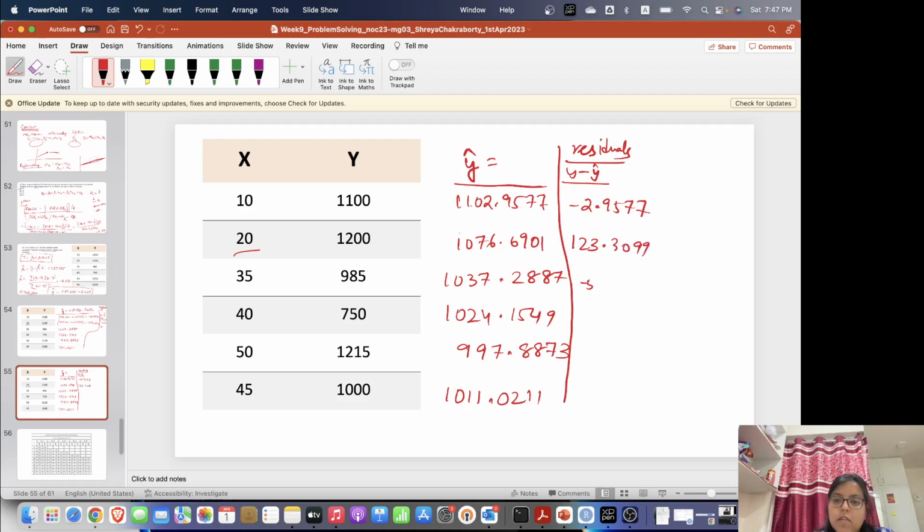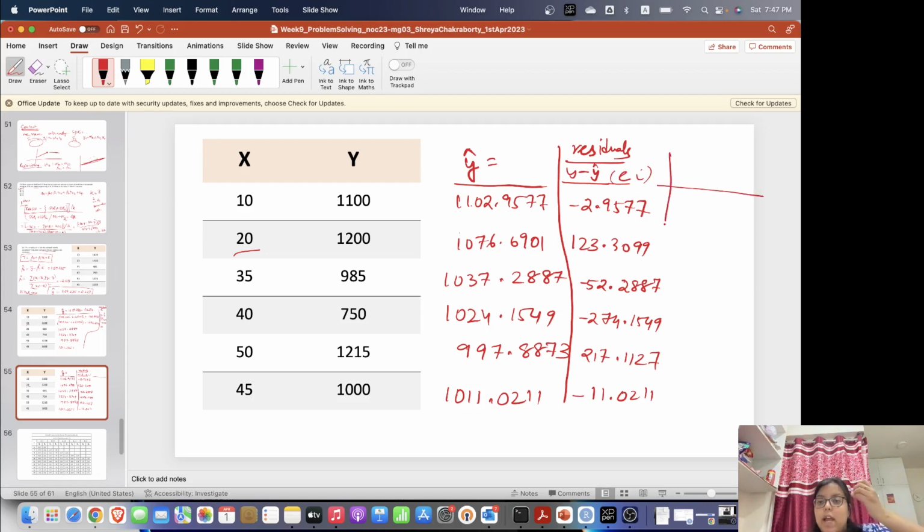This will be minus 52.2887. This would be minus 274.1549. This will be 217.1127 and this will be minus 11.0211. Now these are the ei's that I have.